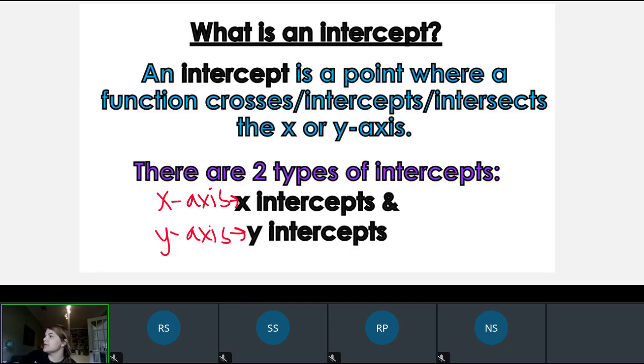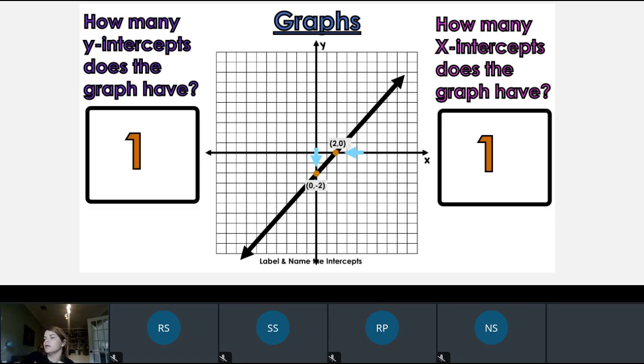So let's take a look at some different situations we can have regarding intercepts. This is a graph. We ask ourselves, okay, how many y-intercepts does the graph have? Well, here is our y-intercept. It's at the point (0, -2). So it has 1 y-intercept.